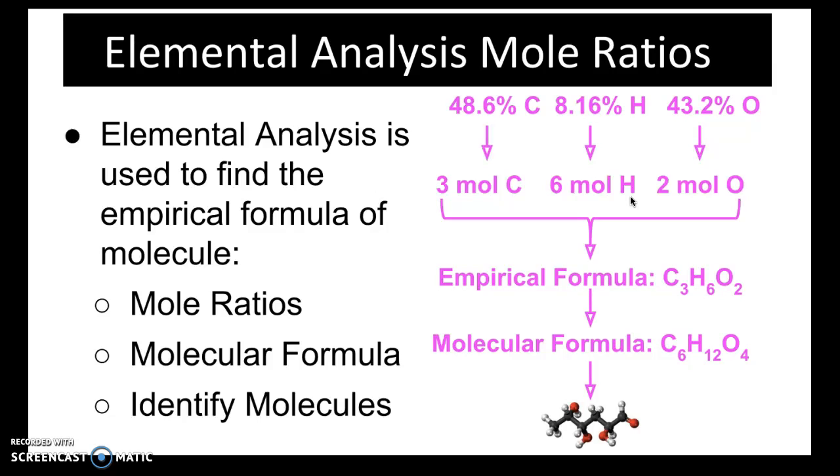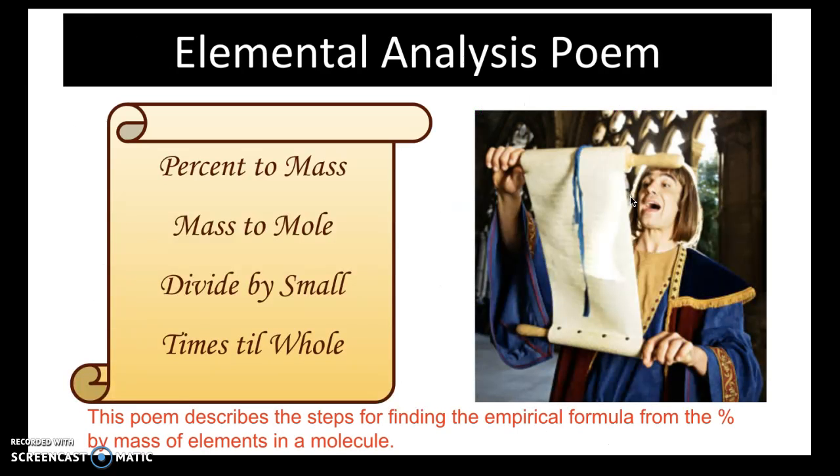This is a multi-step process, and one useful technique is to memorize this wonderful poem that my high school chemistry teacher taught me that I've always remembered. The poem is: percent to mass, mass to mole, divide by small, times to whole.